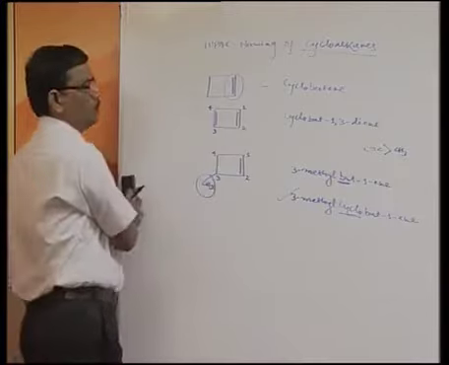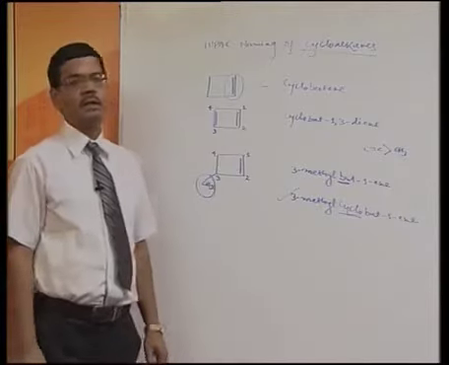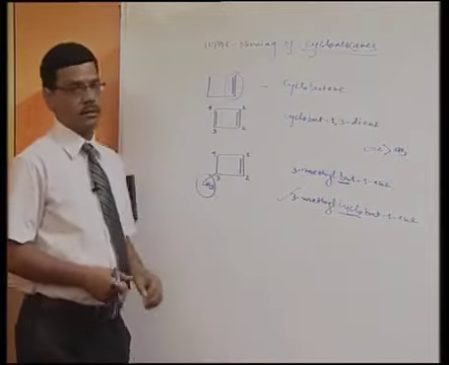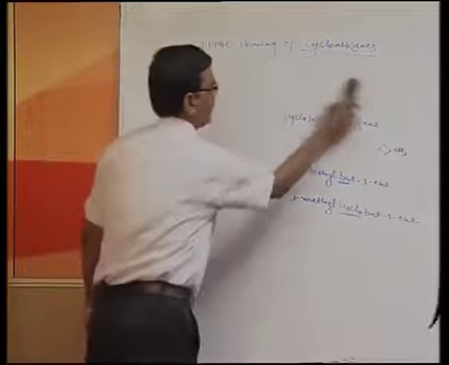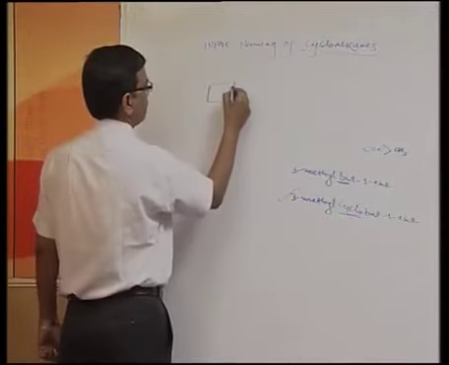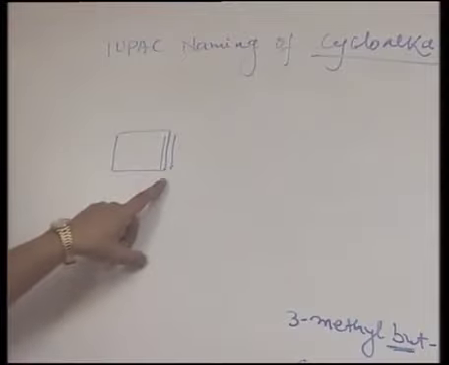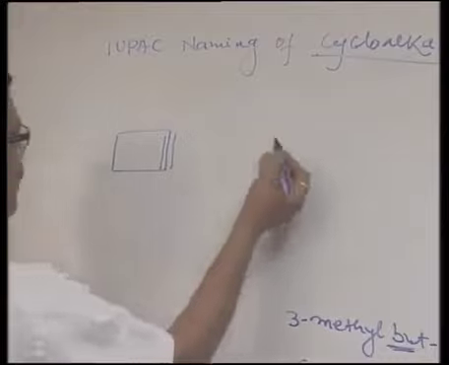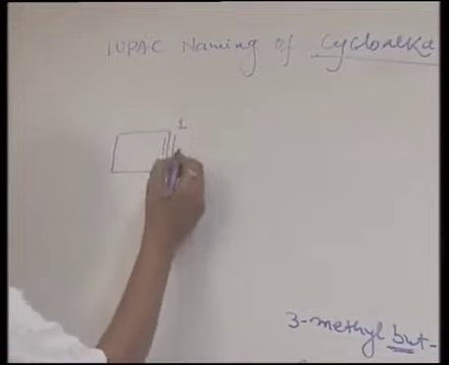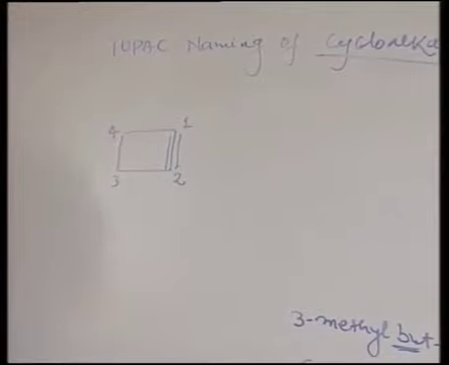Now, let us move to another type of compound, known as cycloalkynes, which contain a triple bond. Suppose I have written this, obviously it has a triple bond, so it will come under cycloalkynes. The rule for naming is the same as we followed in the case of cycloalkenes.